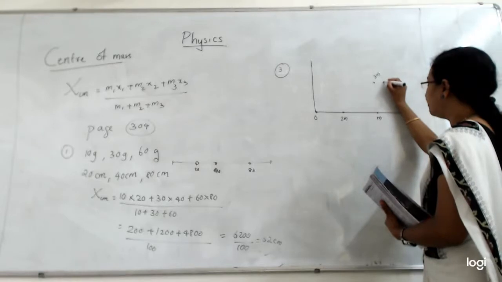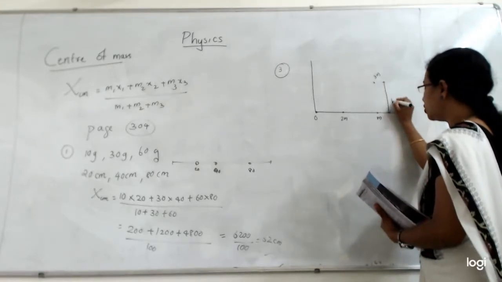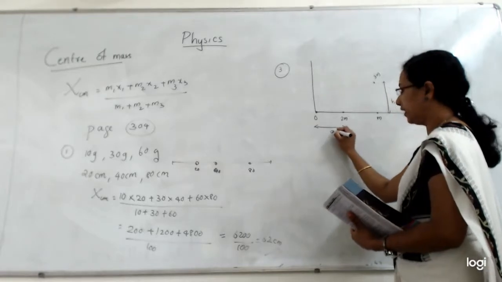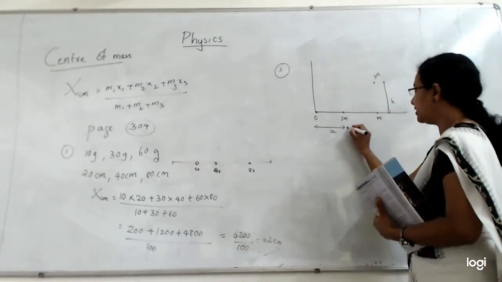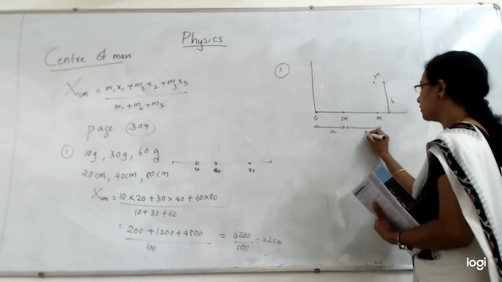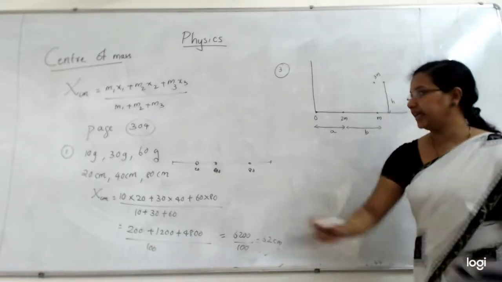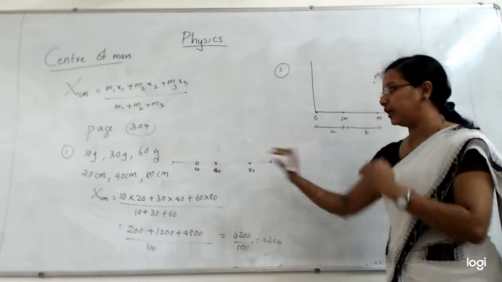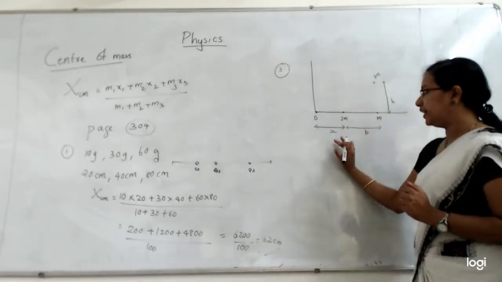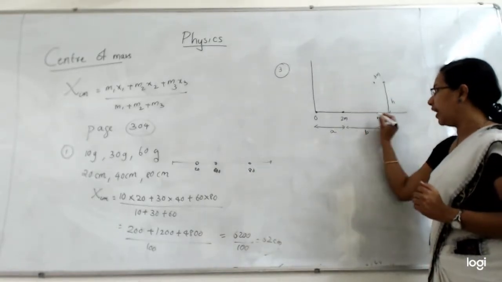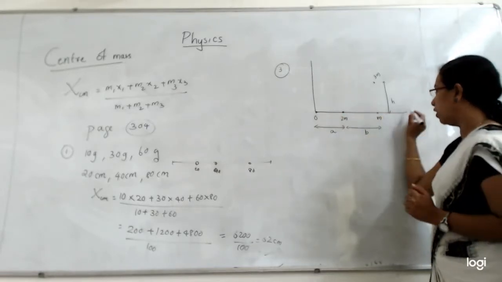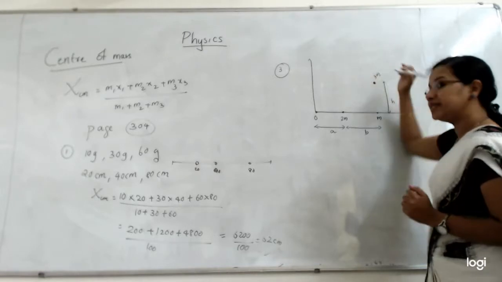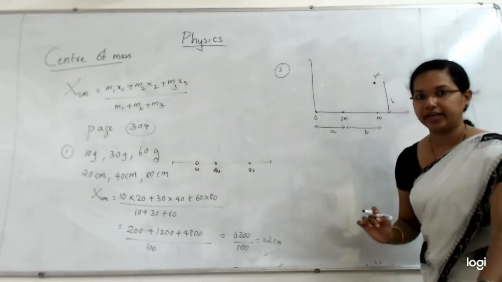And they gave this height as h, this distance as a and this distance as b. In this question, all the bodies are not arranged linearly. Here you see 2m and m are situated along the x-axis. But if you consider this one, it has both x coordinate and y coordinate.